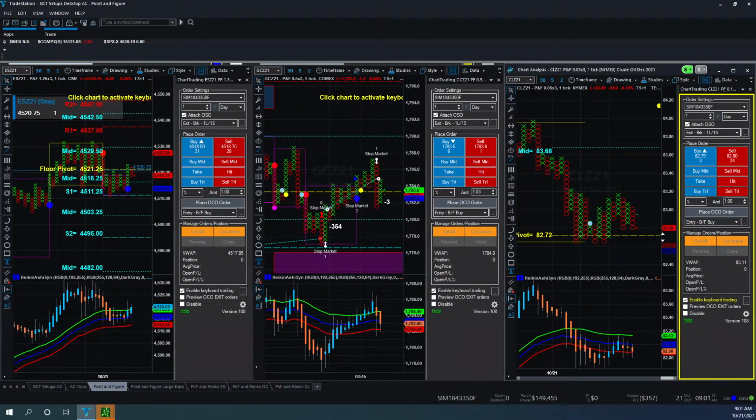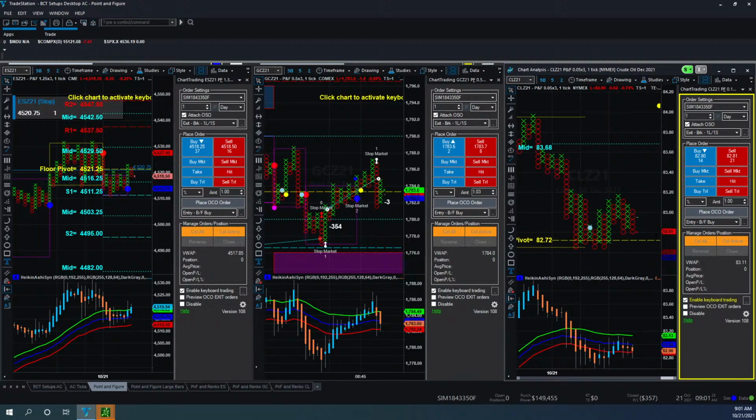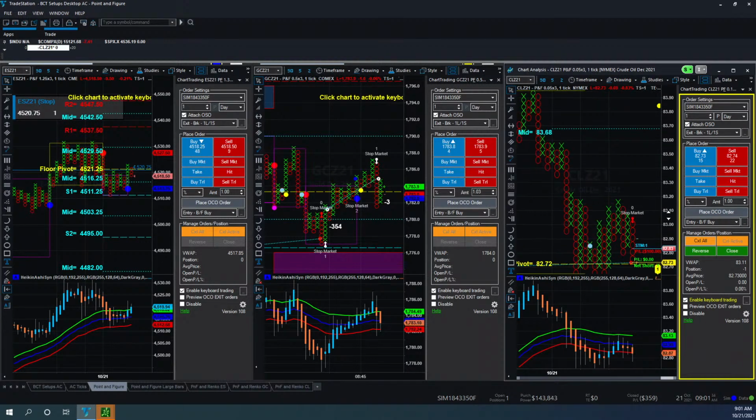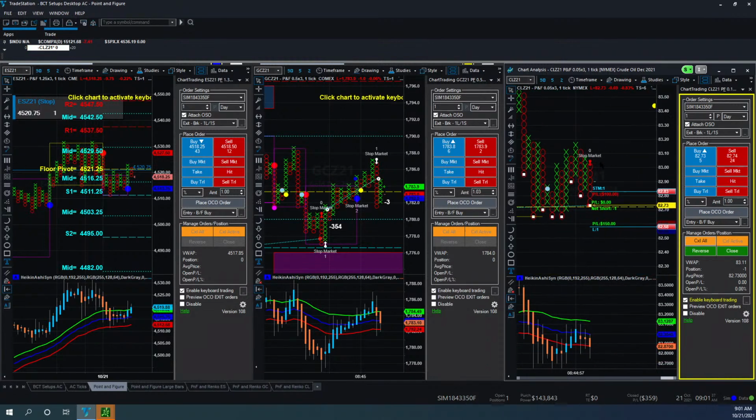Let's see if this one breaks lower. Seems that it's trying to. So I'm gonna take the risk here. Right there. Filled. Hopefully it doesn't reverse. It's right at support though.